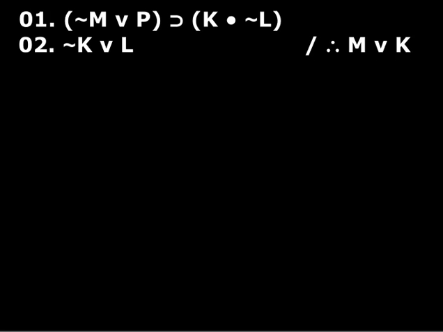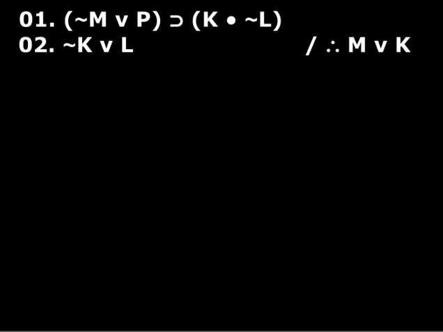That's fine. Same thing with indirect proof. You can use it to derive the conclusion directly, just assume the negation of the conclusion and derive a contradiction. Or you can use it to derive something you need in order to continue the proof and then eventually get the conclusion. That's what I'm going to do this time.